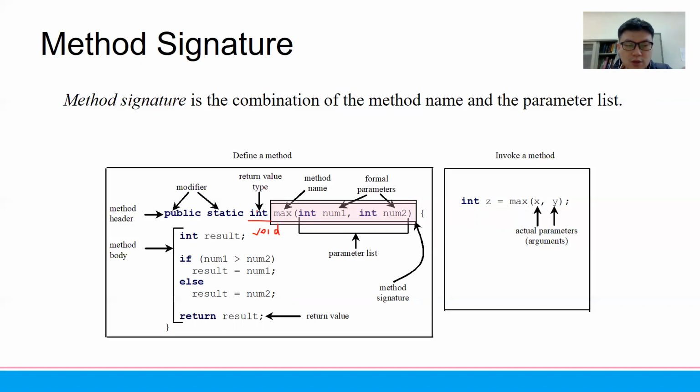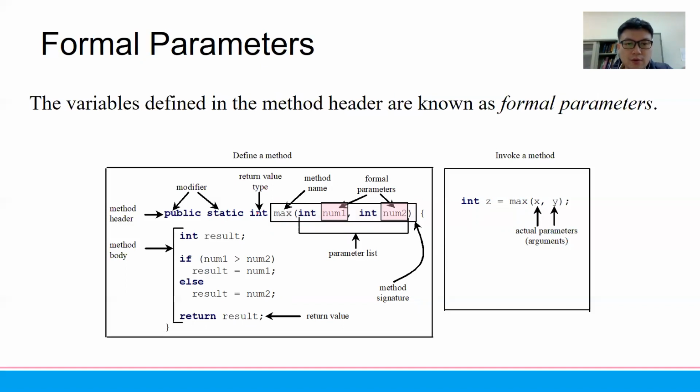But if it is a value that is already determined, integer, double, and so on, then you can put it here. And for the formal parameters, the variables defined in the method header are known as formal parameters. So you can have num1, num2, and you need to use these inside of your methods. This is also the same as variables that you created, but these variables will exist only in the method.